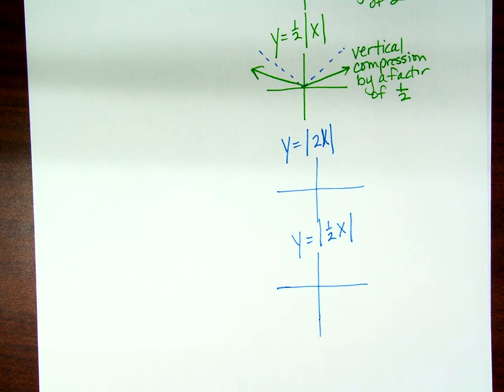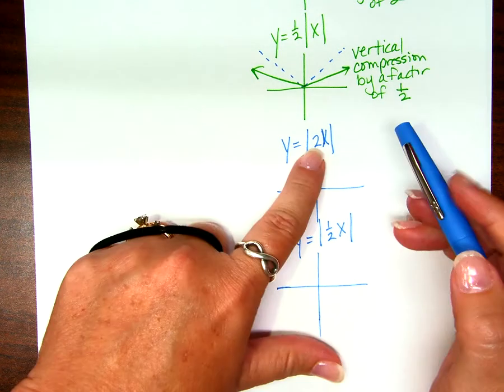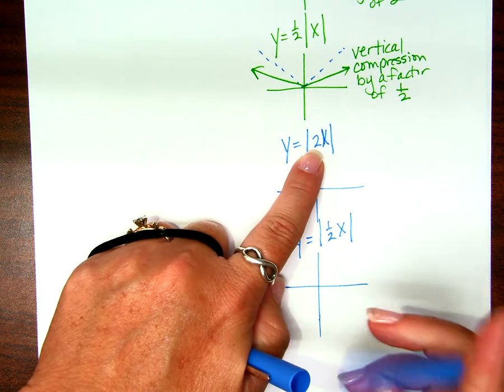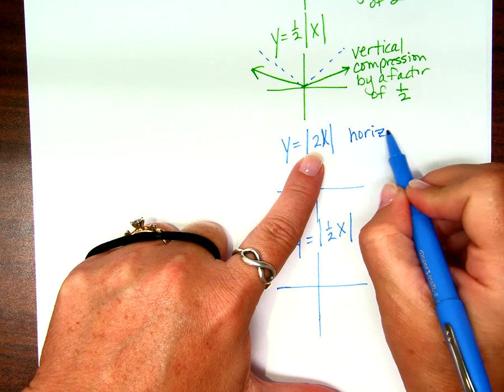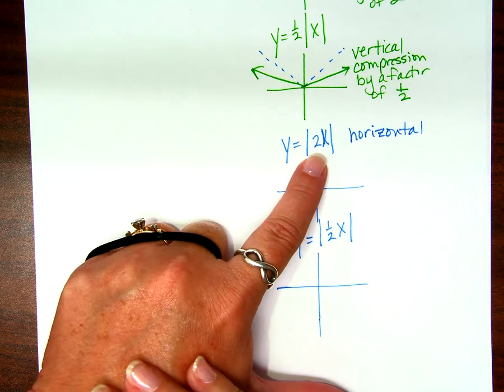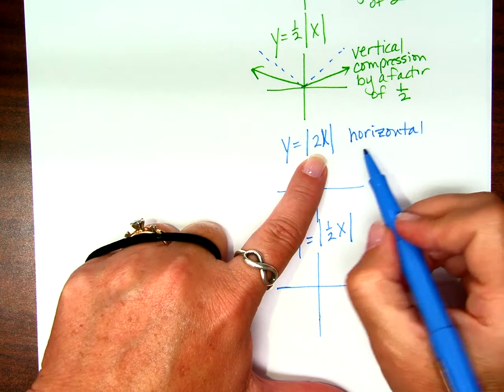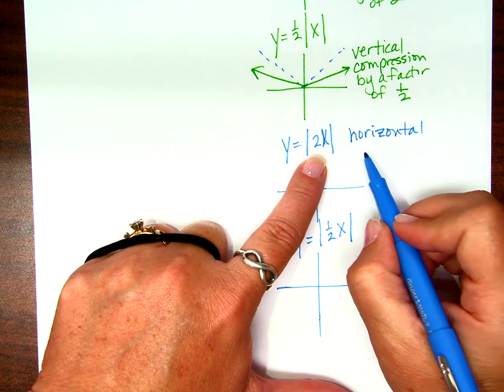Horizontal. What did we talk about a second ago if it's horizontal? If it's horizontal, it's going to be different than what you think, right? So this is a 2. This is greater than 1. So it's going to be a horizontal. You think it's going to be a stretch because it's greater than 1, but it's inside, so it's different than what you think.